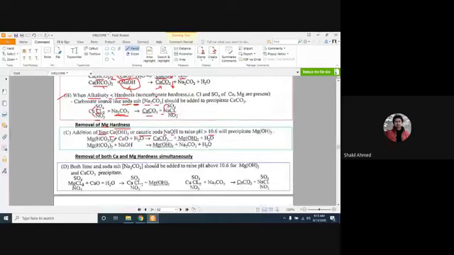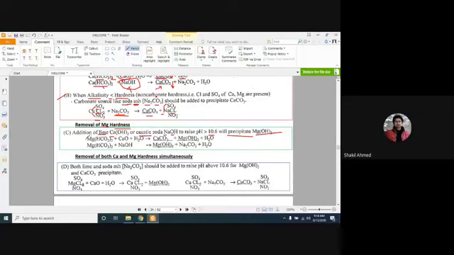So if you add lime, calcium hydroxide, or caustic soda to raise the pH to 10.6, it will precipitate magnesium hydroxide.